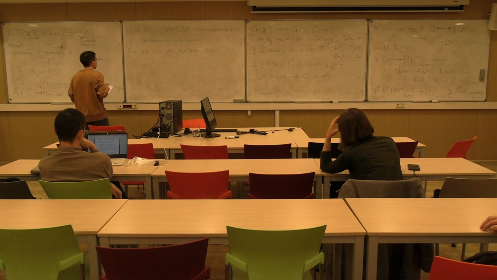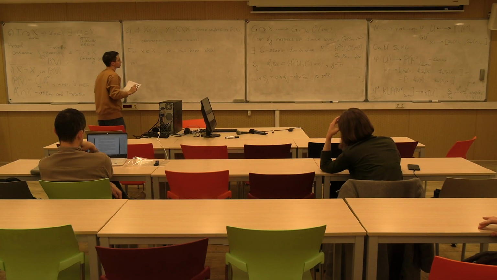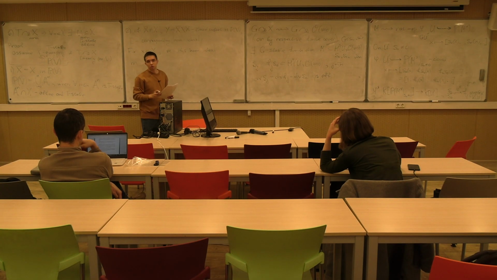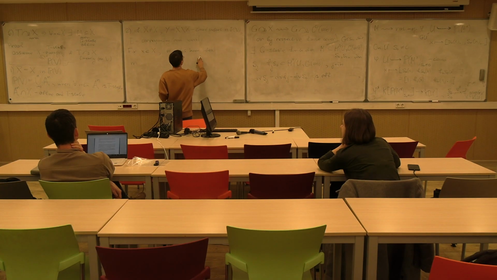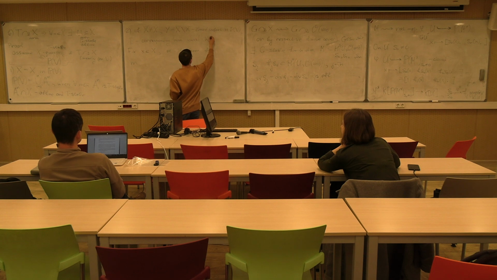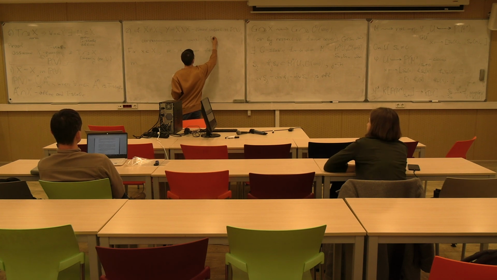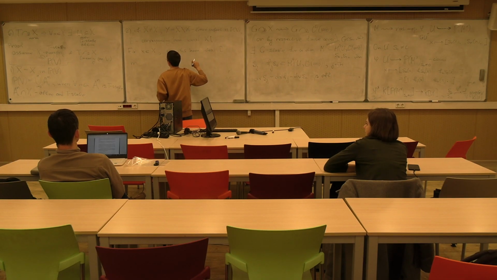We consider ideals in K of V. I would want to say that it's the homogeneous coordinate ring of the projective space. Okay, thank you.